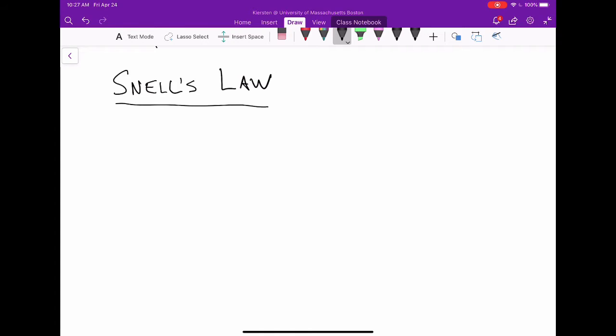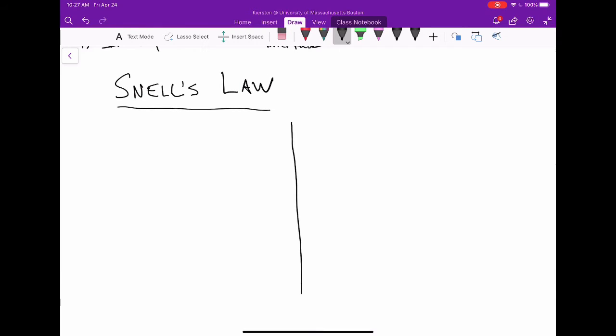If I draw my problem again, I have my interface. I have medium 1, medium 2. For now, we're going to ignore the mu's because usually we're just talking about the dielectric constants here.